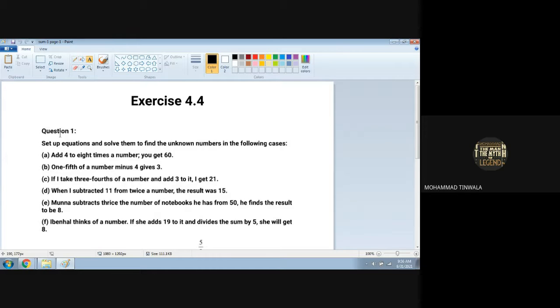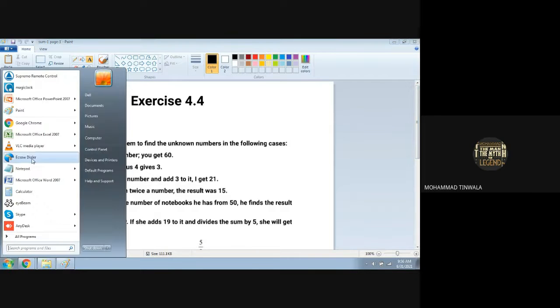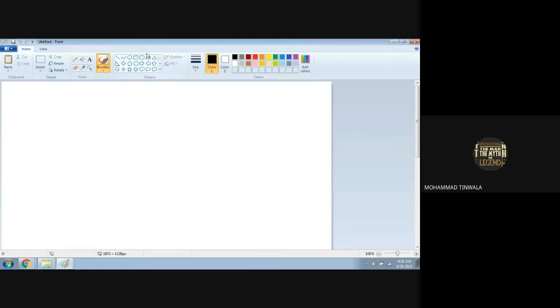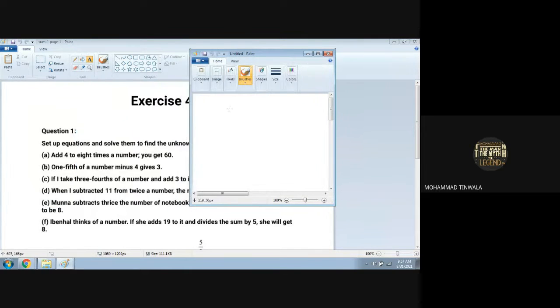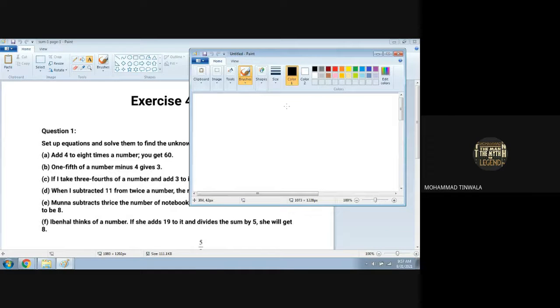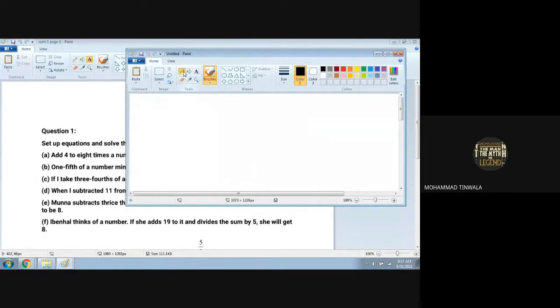So what we have to do here, first we have to set up an equation, then we have to solve the equations, okay? So first is what they are trying to make us learn.